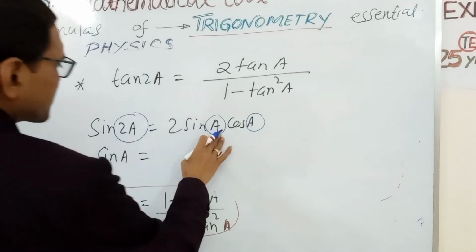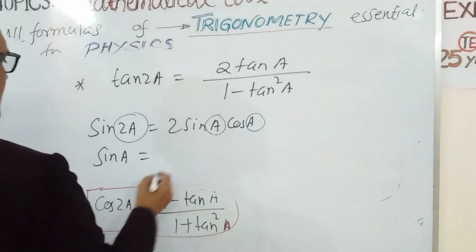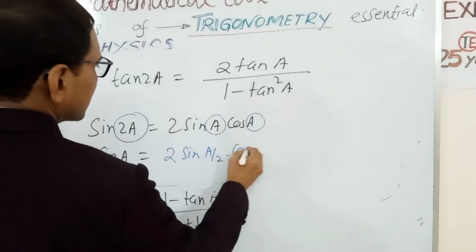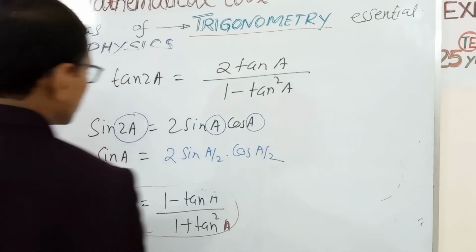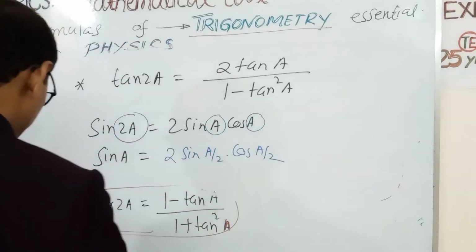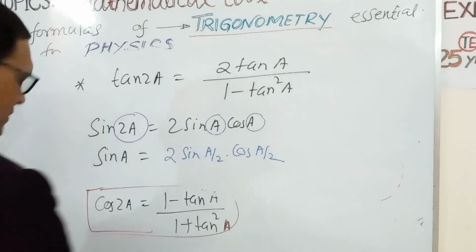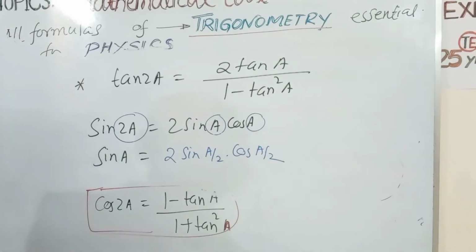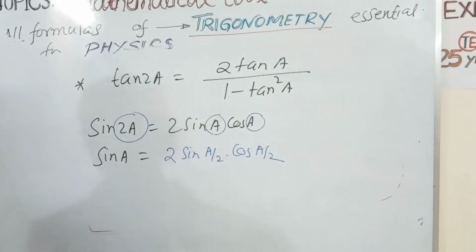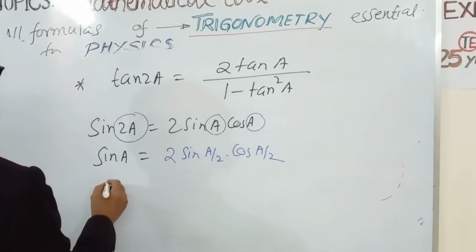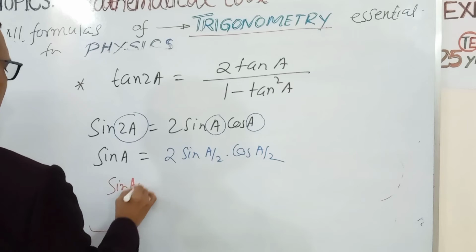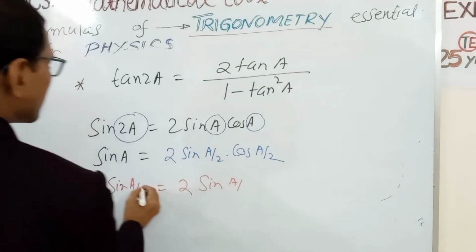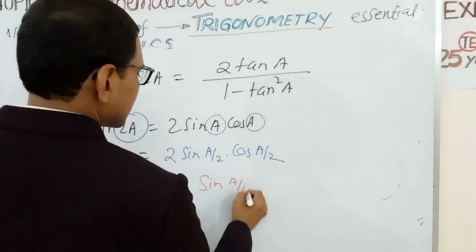So if the left angle is a, then the right side becomes a by 2. Always the angle becomes half.